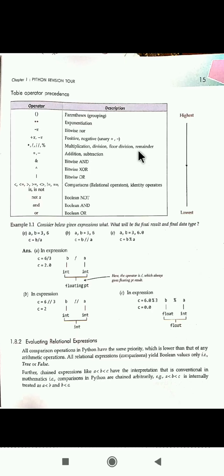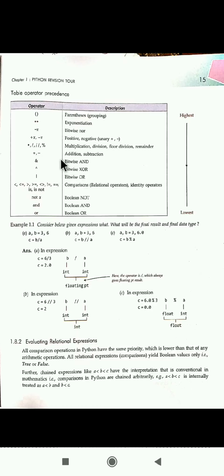So firstly, if in an expression you find parentheses, you must solve them. Then you consider the exponential, then the bitwise NOT expressions, then unary operators. Then comes the arithmetic operators, so you will solve plus and minus.